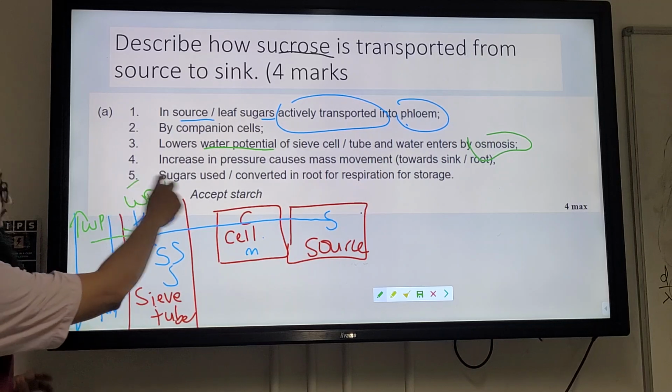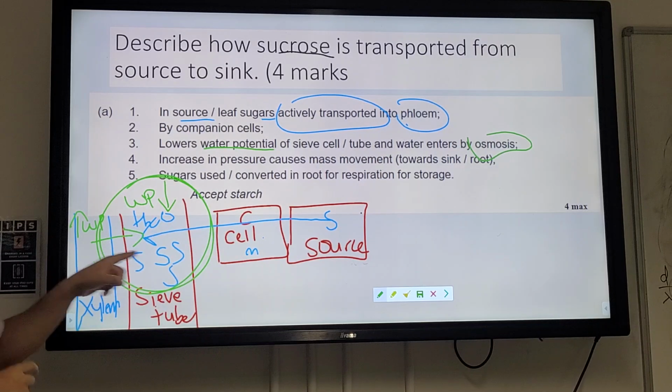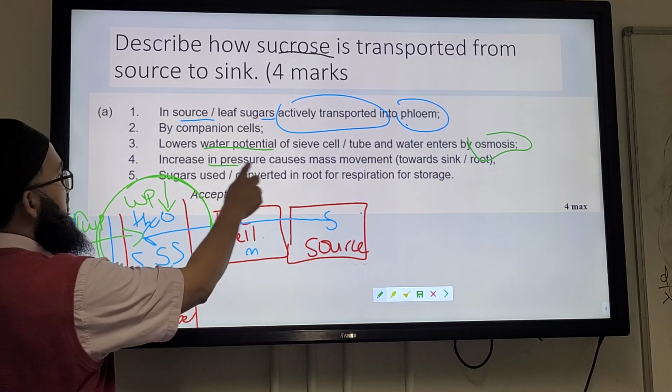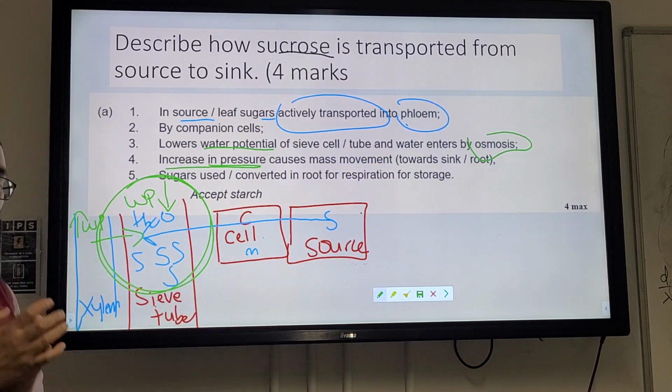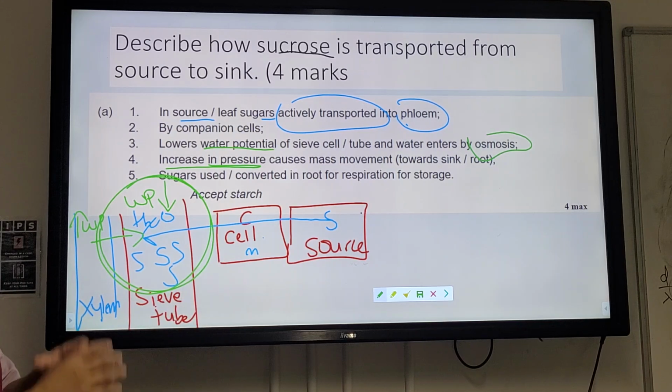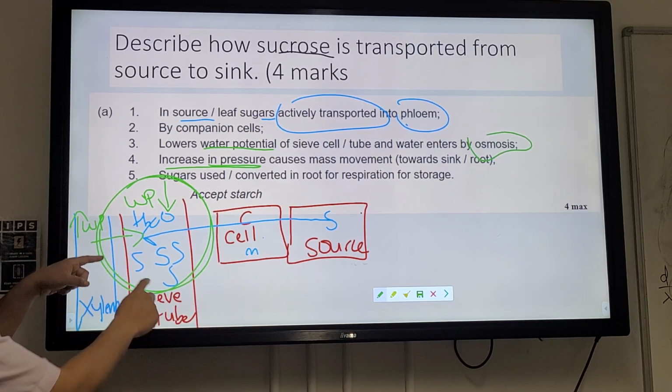Now, over here, do I have more water coming in or less water? More water, correct. So is the volume increasing or decreasing? Increasing, correct. So the pressure will increase. You don't need to mention turgor pressure, just say pressure. The pressure increases. This causes mass movement.